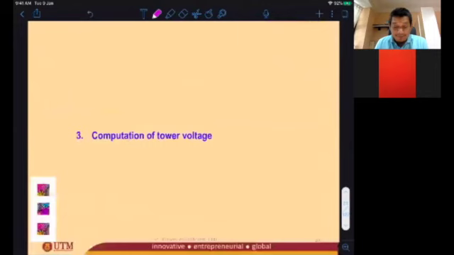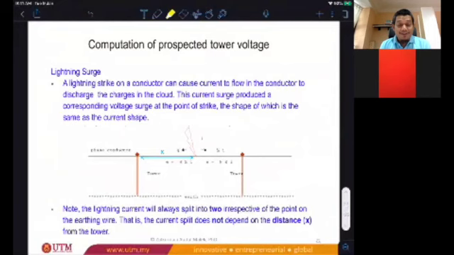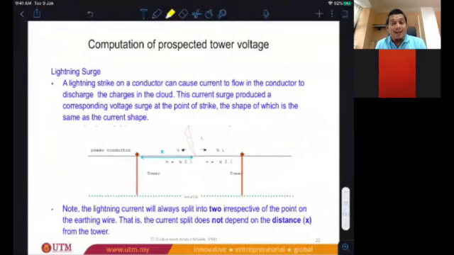Okay, let's move on. Computation of tower voltage. This is the interesting part. Just now was an introduction or revision. If you have a surge coming from the middle of the line being struck by lightning, the surge will start to propagate from that point. Because the line is bare, when it's struck by lightning, it will propagate in both ways, to the left as well as to the right.